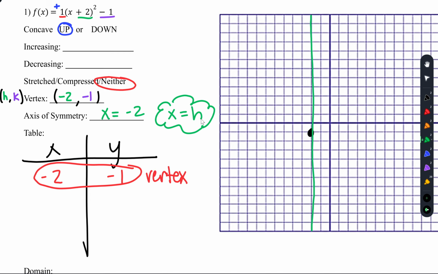So now because I know that it's symmetrical, I want to end up with 5 points, including my vertex. So instead of plugging in 5 different points, I'm going to pick 2 points on the same side of my axis of symmetry so that I can flip them over to the other side and be symmetrical. So I'm going to pick 2 points that are to the right of that x is negative 2. To the right would be a negative 1 and a 0.